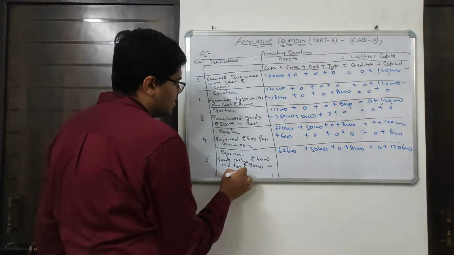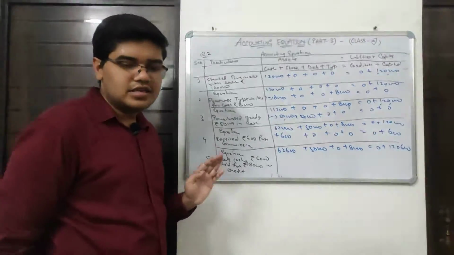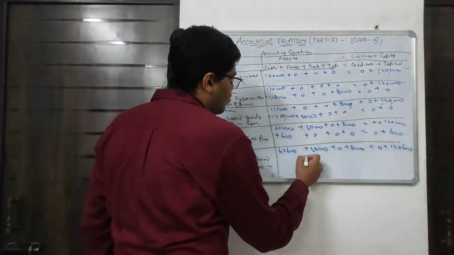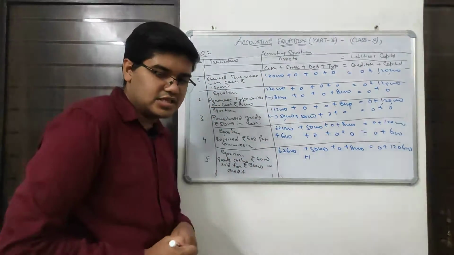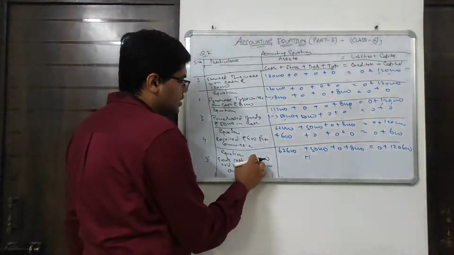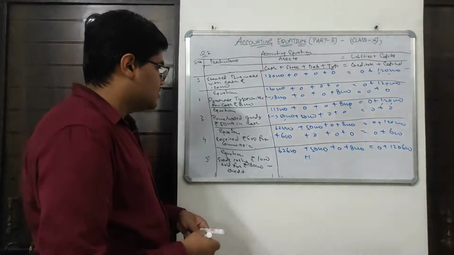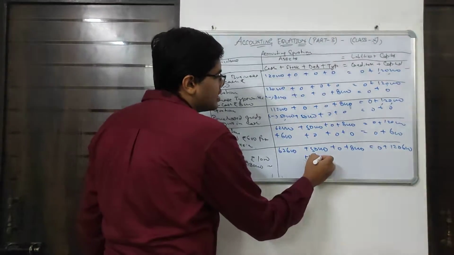The 60,000 will be deducted from stock. No, let us not make it 60,000. It is given in the question, that is 10,000. Okay, so the goods costing is 10,000. So 10,000 will be deducted from stock.